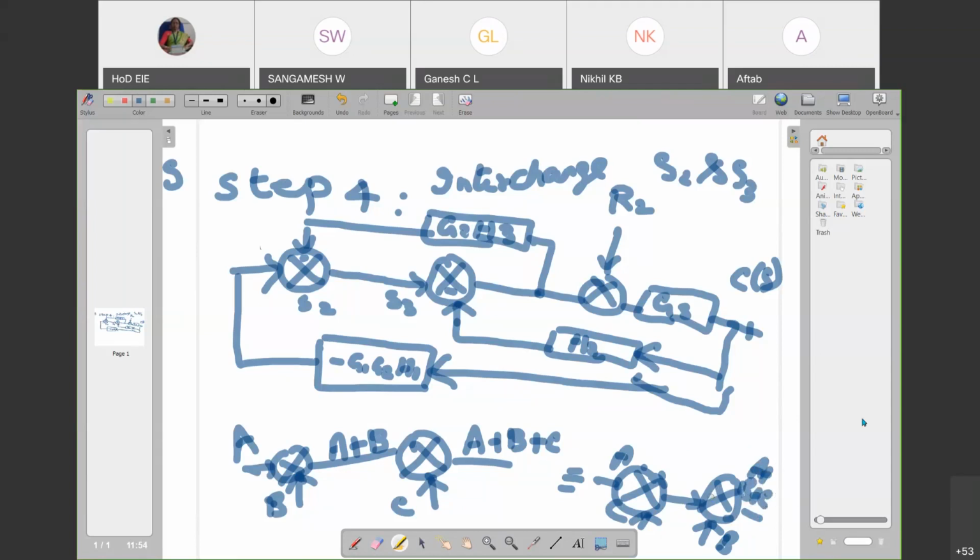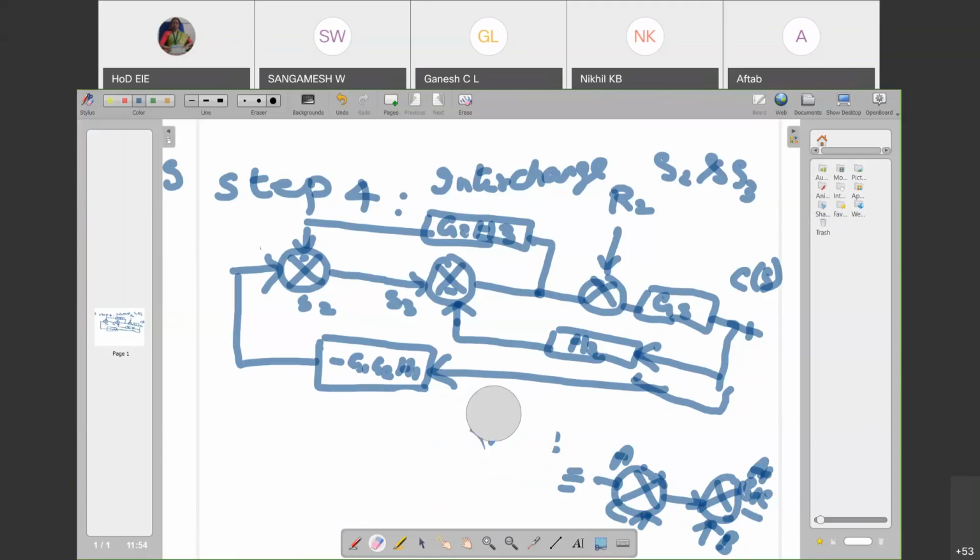If you interchange them with the input C and with the input B here, input A is unchanged. So you are going to get the output as A plus B plus C only. So this is a simple thing, the combination A plus B plus C can be taken anyway.